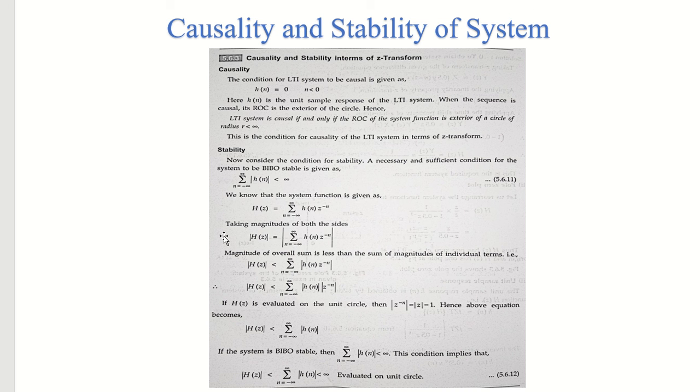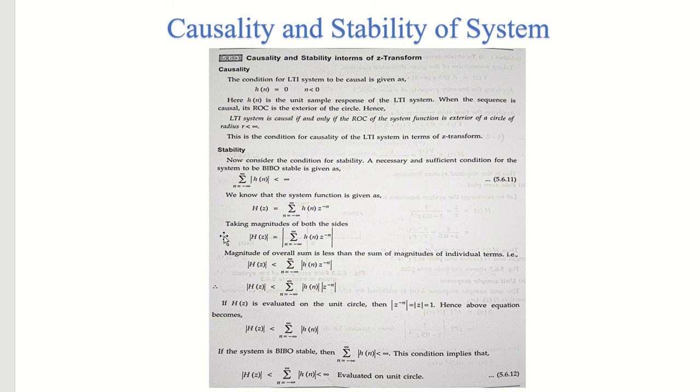Now let's see another property, the stability property, right? So what does the stability property tell us? Remember, we discussed the stability property earlier when we discussed the stability of the Fourier transform, and even before that when we discussed the properties of a system itself.